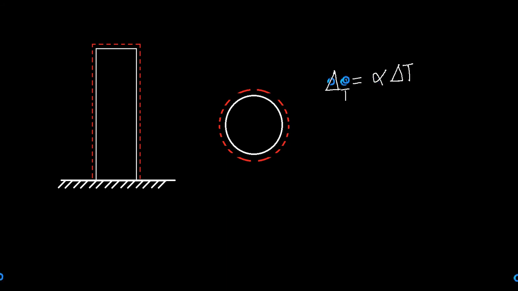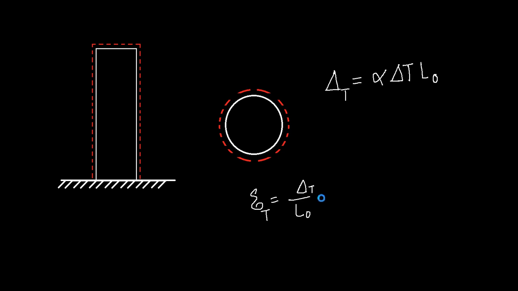Times, if you are calculating the deformation in length, then this will be L0, because you know the strain is change in dimension over original dimension, which is L0. So that is the change in dimension due to temperature, that is the thermal strain.